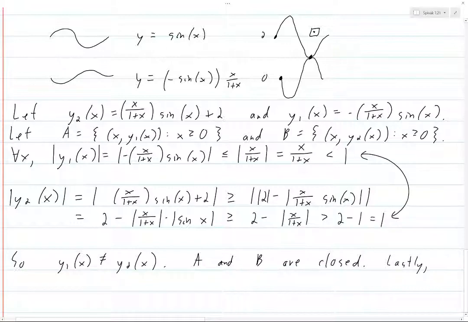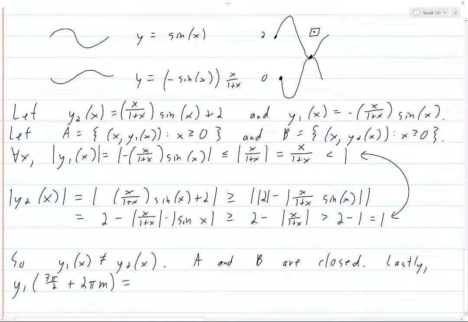So now we need to prove that they get closer and closer. They're going to meet at 3 pi over 2, plus 2 pi times some integer m.